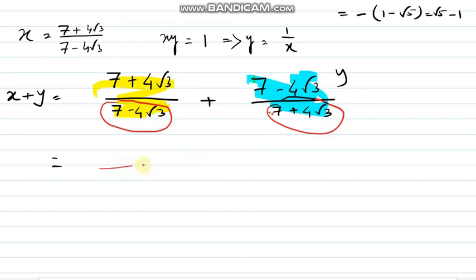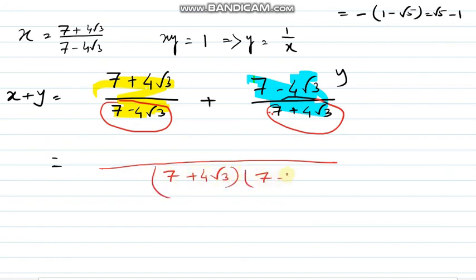Rather, I am going to take the LCM, 7 plus 4 root 3 into 7 minus 4 root 3, and my numerator will be 7 plus 4 root 3 whole square plus 7 minus 4 root 3 whole square.